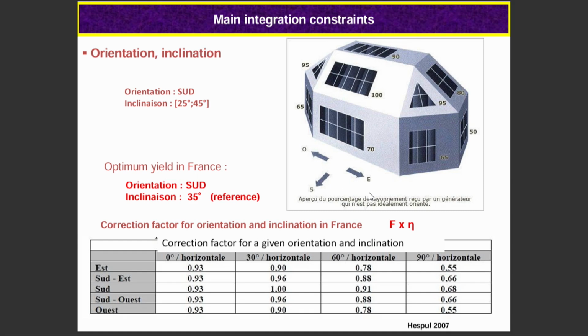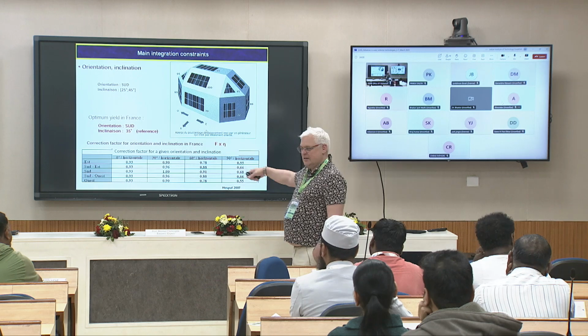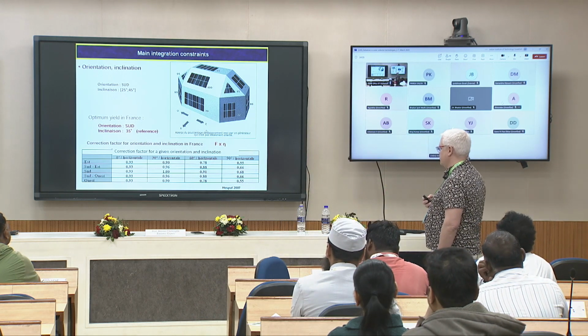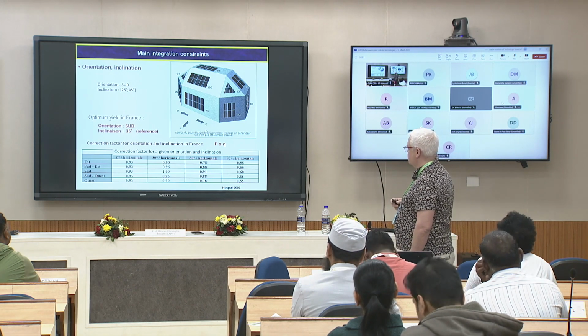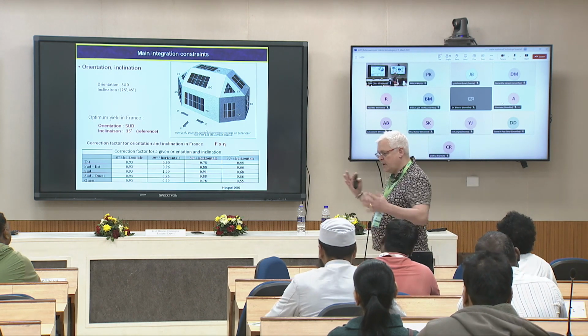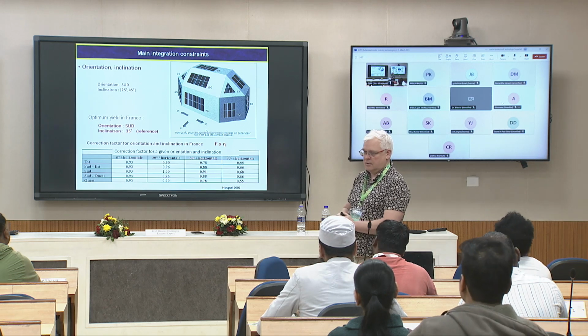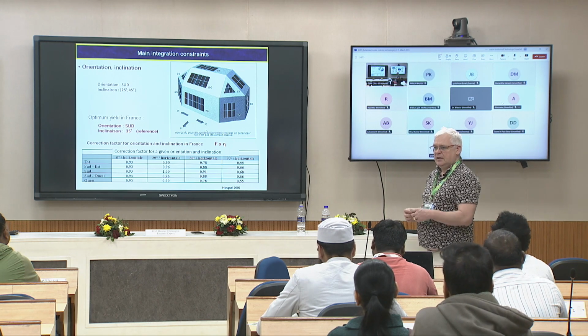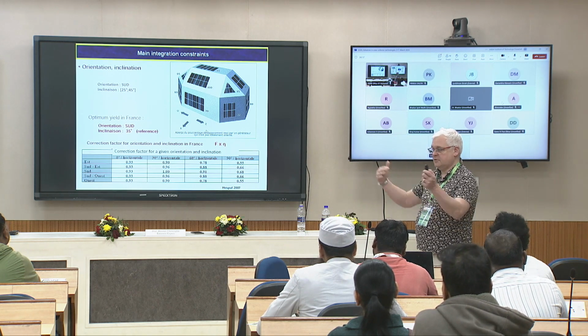Of course, for the horizontal, whatever the orientation, there is no impact. Okay, you are losing compared to the best inclination south, and so on. But this is a way also to have an idea regarding your building environment, to see the solar potential finally, depending on each facade.